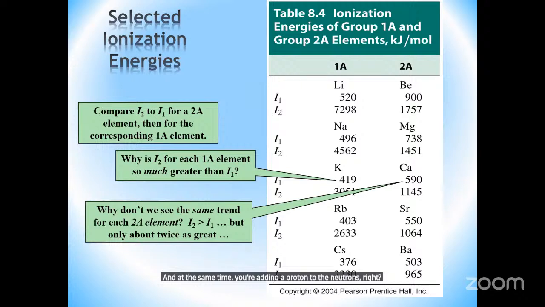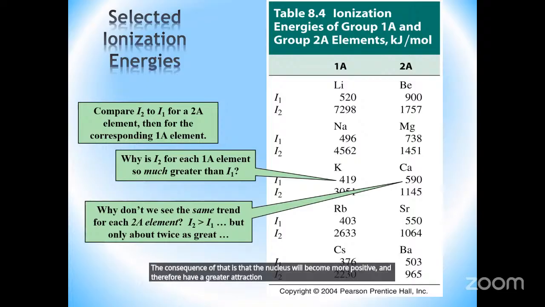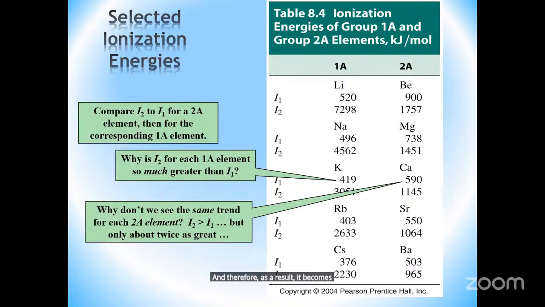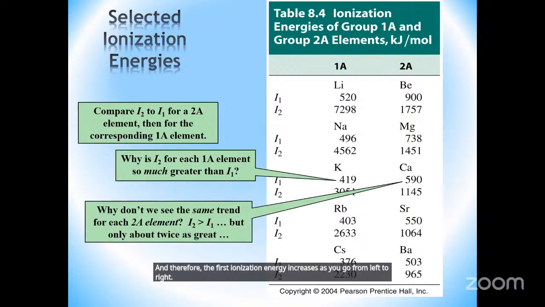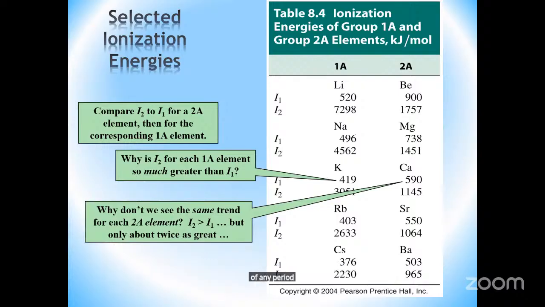The consequence of that is that the nucleus will become more positive and therefore have a greater attraction for the surrounding electrons, and as a result, it becomes progressively more difficult to remove the valence electron, and therefore the first ionization energy increases as you go from left to right of any period. Now, as I said before, there are some exceptions which we're going to get into, right?